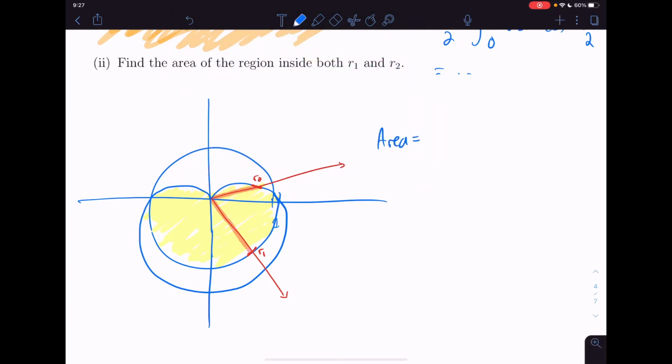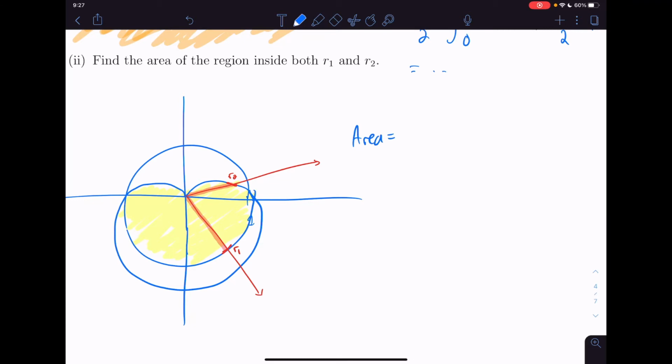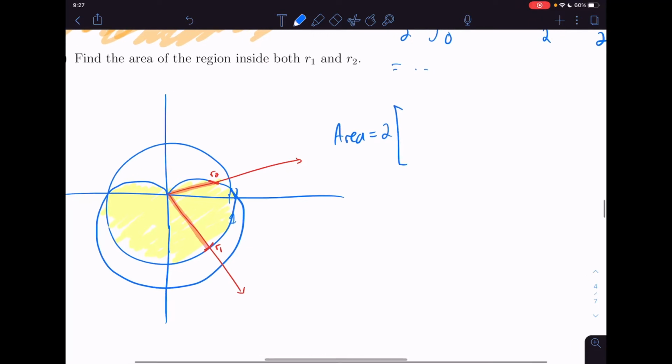due to symmetry, is going to be twice the area contributed by only this right half, for which the other upper semicircle, and you know what, maybe I'll even draw it like this just to make it clear.